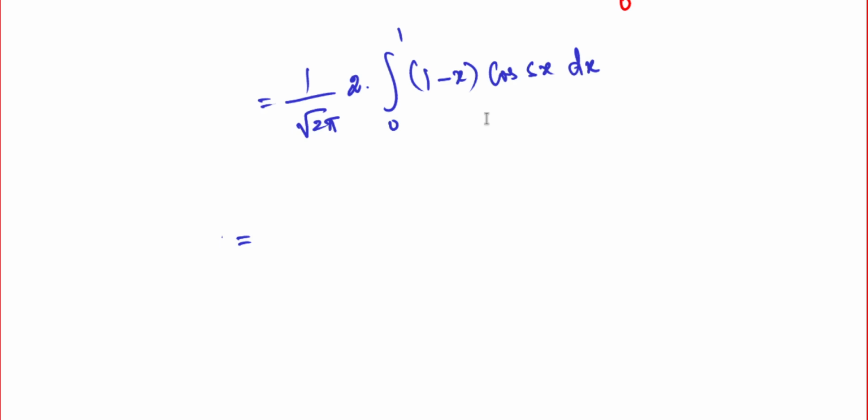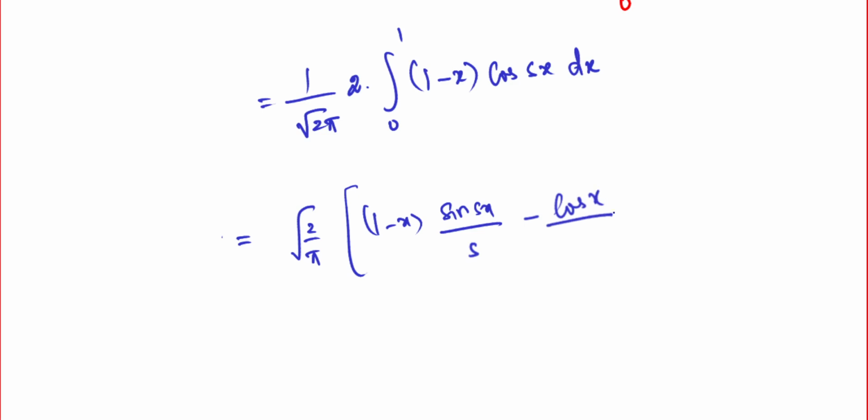So what is the answer now? The square root of 2 pi gets cancelled, so square root of 2 by pi into (1 minus x) into the integration of this, which is sin sx divided by s, minus the cos sx divided by s square.